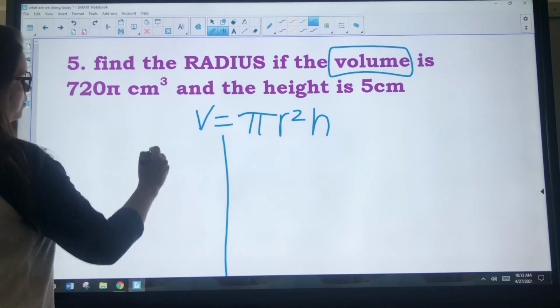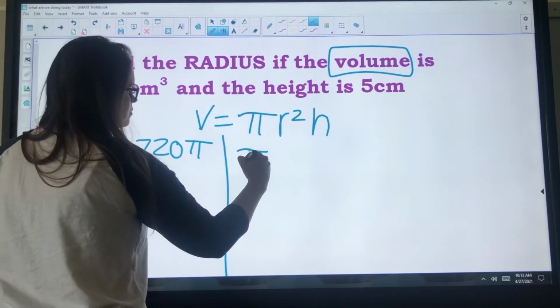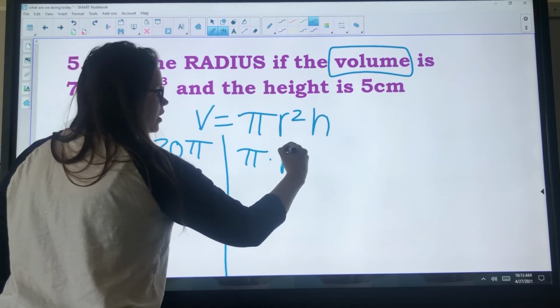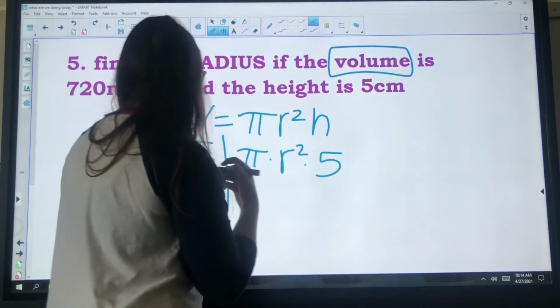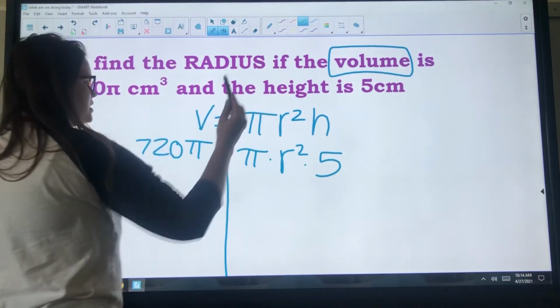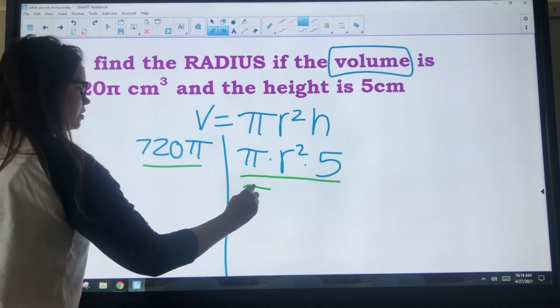So 720 pi will go over here. This time we don't know the radius. We have a 5 here. So the same steps as last time, you're going to divide both sides by pi, and they will both disappear.